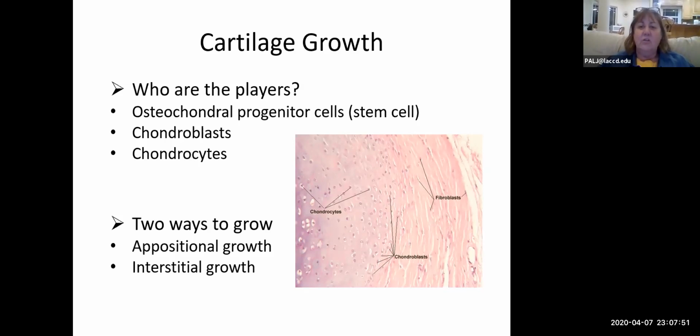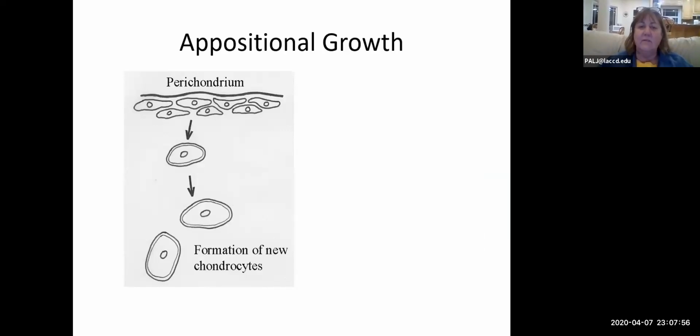Okay. So I want to talk about appositional growth in a cartoon drawing. So we have cartilage. Surrounding the cartilage, we are going to have a rim of connective tissue called perichondrium. Peri meaning around, chondro, cartilage.